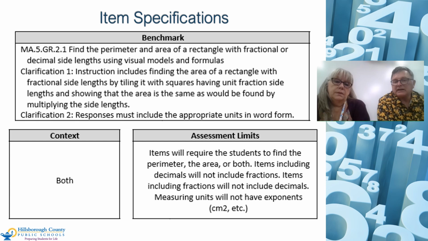Also, and I think this is really important, the side lengths are either going to be all decimal lengths or written in fraction form. It will not be mixed. They're not going to mix decimals and fractions. And one more thing about the assessment limits, students aren't going to be using the exponent 2 to represent squared. It will be written out as square feet, square centimeters. We're going to use the words and not the exponent.